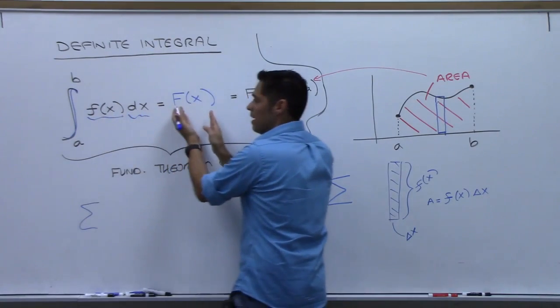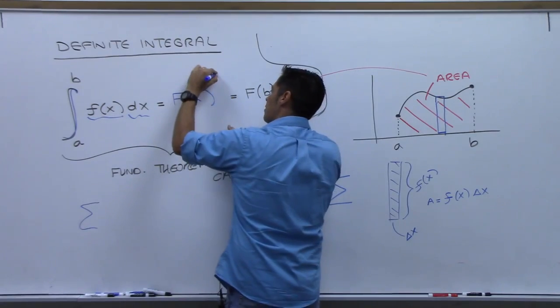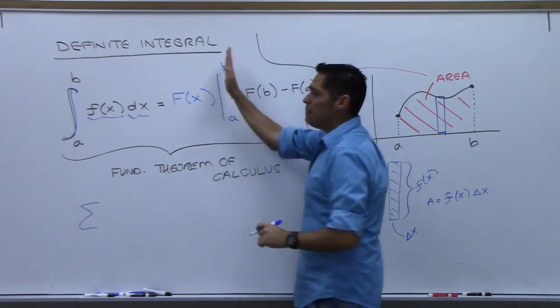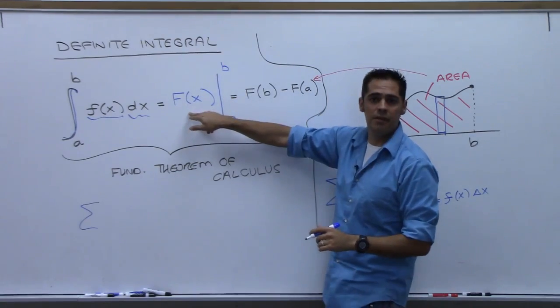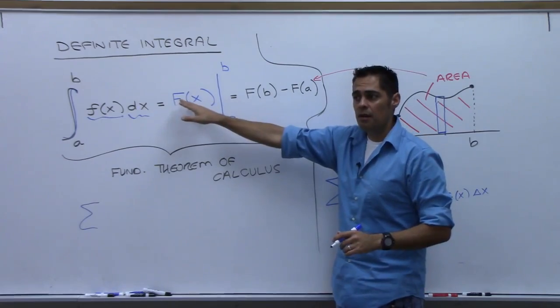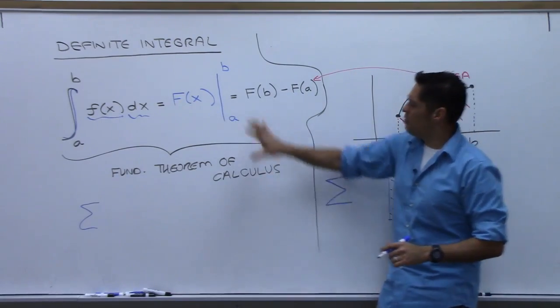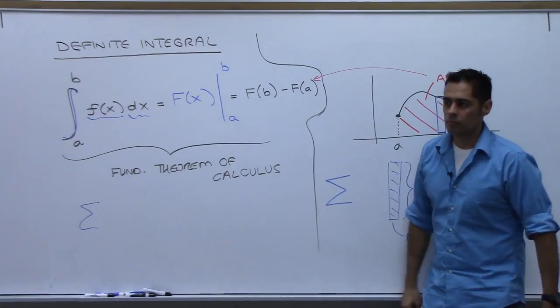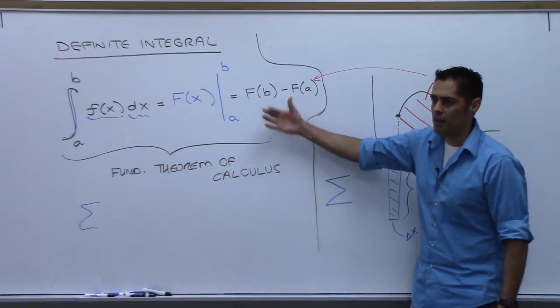First I'm going to find the antiderivative. And then next to it, I'm going to put a bar, with b and a. This reminds me that once I find the antiderivative, I need to plug b into it, and then plug a into it, and subtract the answers. So this symbol means this. It's notation. That's all that is.